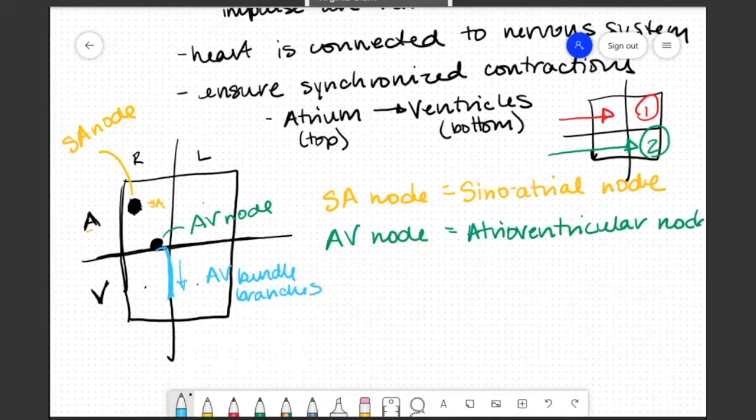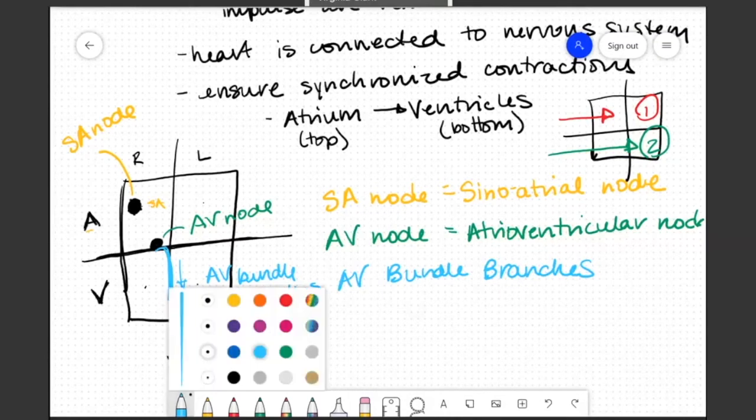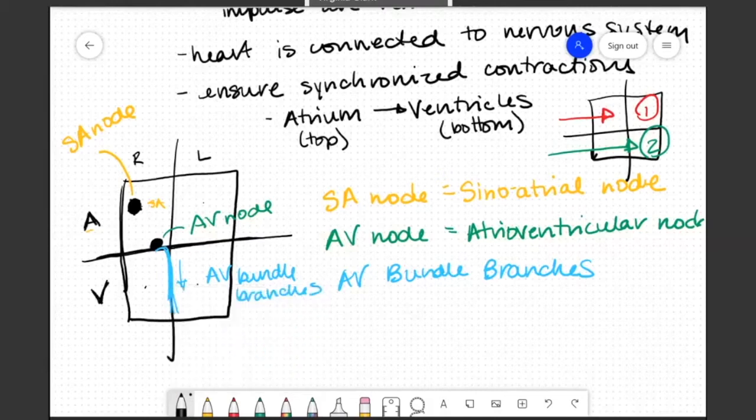So not only do you have your SA node and your AV node, you're going to have your AV bundle branches, and this is essentially a pathway. These bundle branches will go all the way down the septum, all the way down that line that is separating your right and left sides. So it's traveling all the way down that.